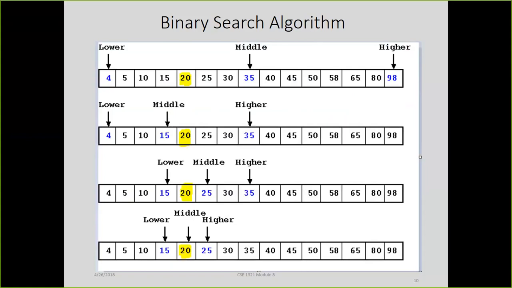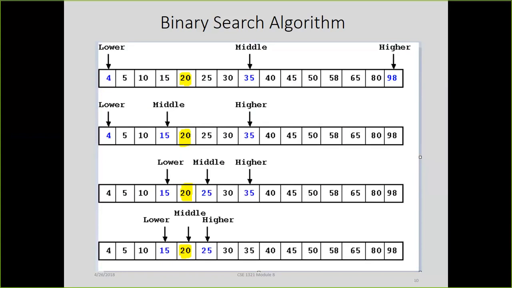When we find our middle element, 35, that is greater than 20, and we know for sure that our list is sorted.